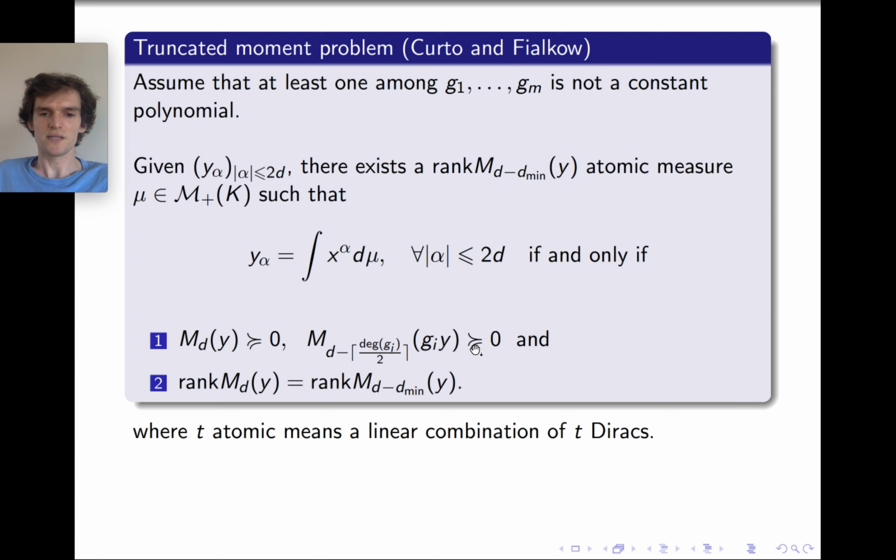And you can see the analogy with what we were doing in the rank 1 case: you have to have positive semi-definiteness of the moment matrix. That's the same thing. You have to have some rank condition, the rank should be preserved. That's the same thing as the univariate case. But now we have all these other constraints. Anyway.